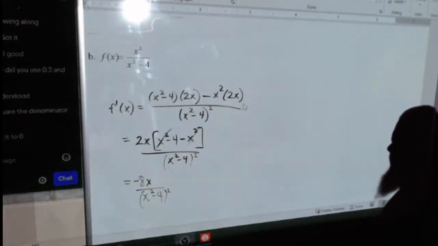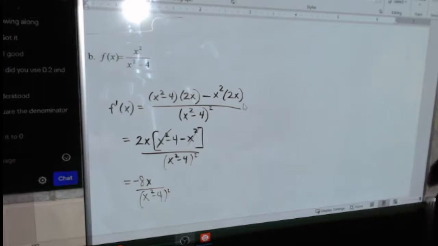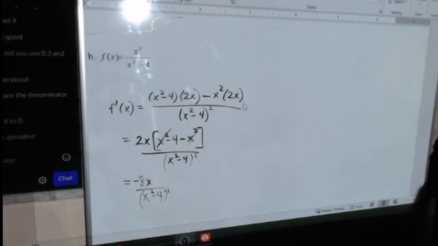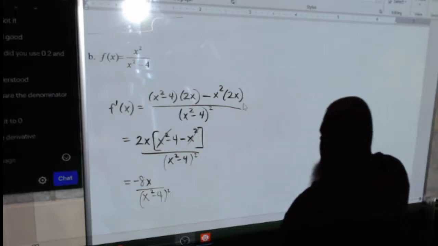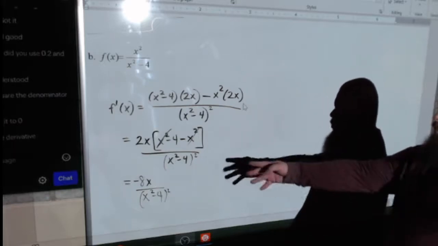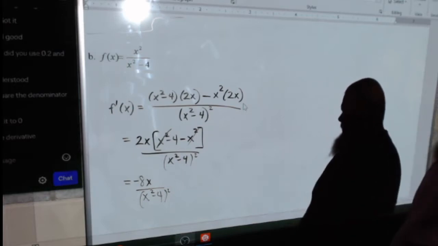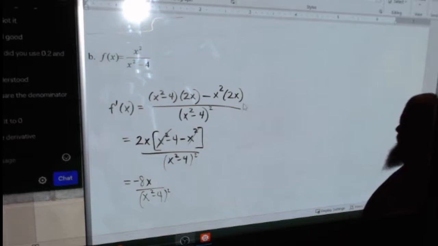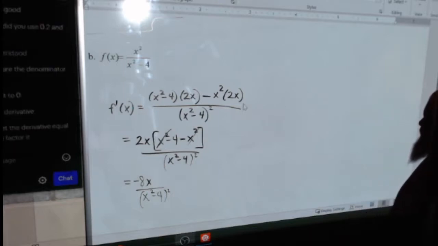What am I setting to 0? Yes, I get that I'm setting the derivative to 0. If that's the case, which portion of it? Set the derivative equal to 0 and then factor it, okay.